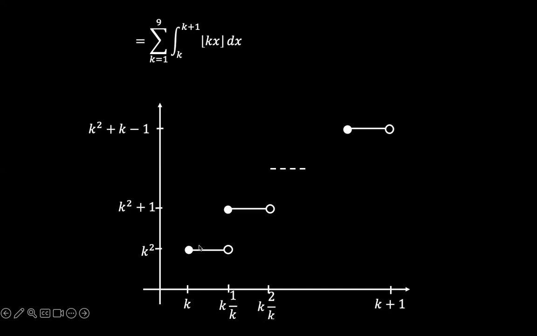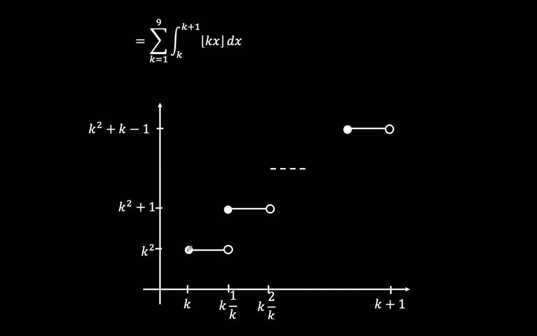But this is what happens. And so the integral now means that since the spacing here is 1 over k each time, we have k squared times 1 over k, and here we have k squared plus 1 times 1 over k. Let me just represent this nicely.